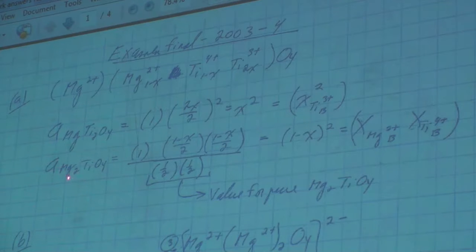And the activity of Mg2TiO4: this is Mg2 plus, this is titanium 4 plus. Once again, the magnesium 2 plus is on this lattice, the titanium 4 plus is on this lattice, and so you have 1 minus x divided by 2 squared. Sorry, 1 minus x divided by 2. No, not squared. Sorry.